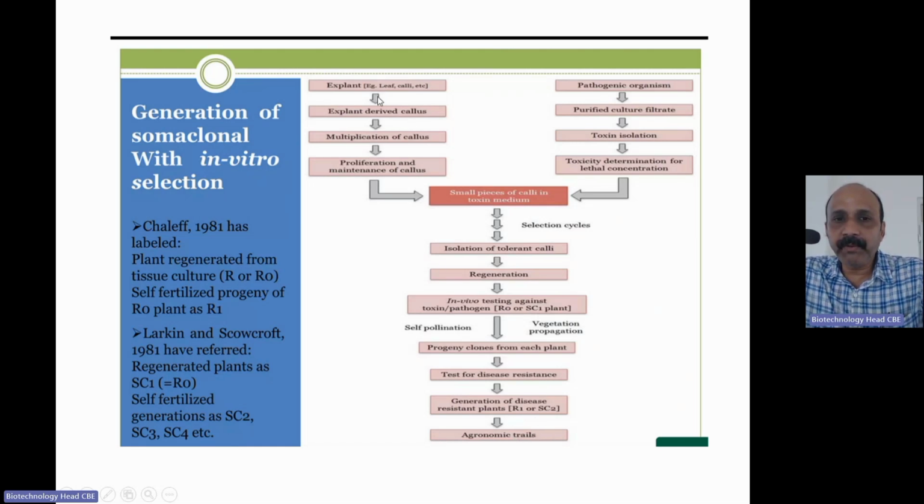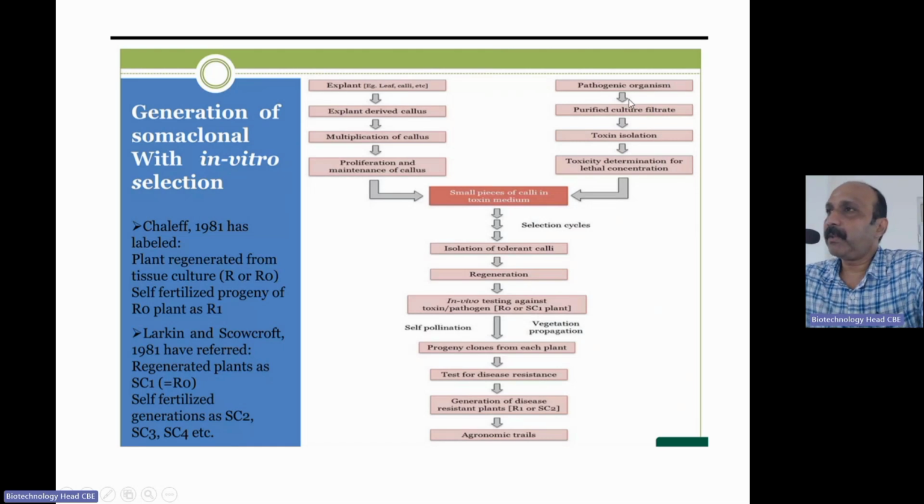First we go for normal callus production, and then the next step is with the selective agent. If we need to select for pathogen resistance or fungal resistance, and we introduce the fungus, it will kill the entire organism, the entire plants, right? Instead, we can go for the culture filtrate, which contains all the toxins, right?